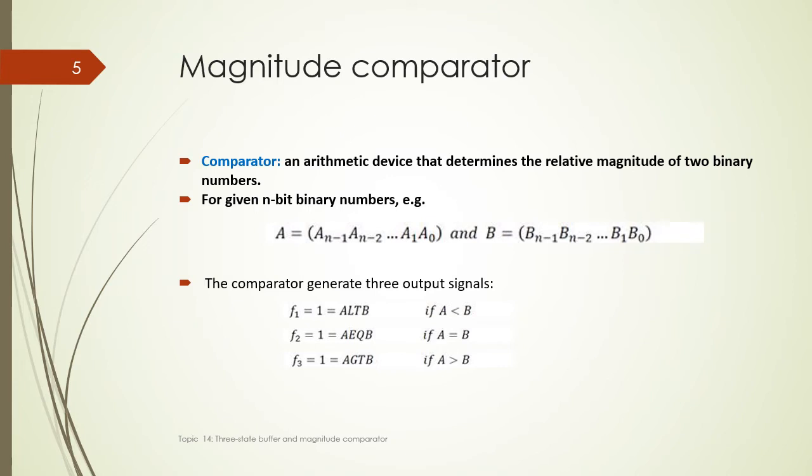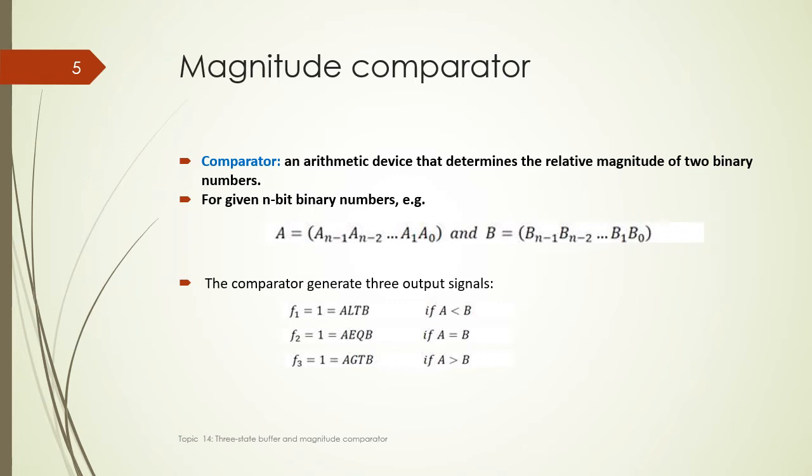Say we have two n-bit binary numbers here, and when we compare them, there are only three possible outputs, right? Either A is less than B, so we write ALTB, or A equal to B, or A is greater than B. There's no other option, just those three results.